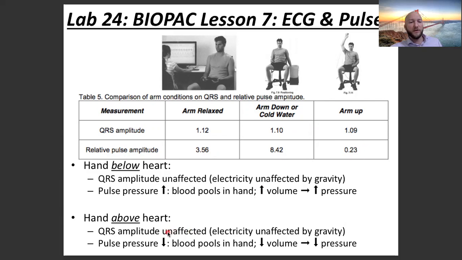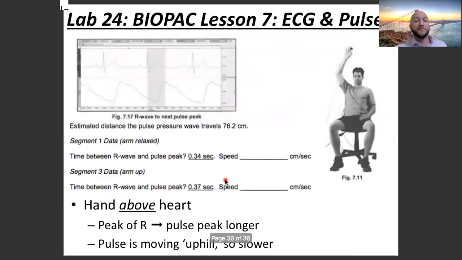And that's because when your hand is down, blood pools in your hand, you have an increased volume and increased pressure. When your hand is up above your head, gravity pulls it down out of your hand. We're going to have a smaller volume, a smaller pulse pressure. Hand is above. Perfect. Pulse is moving uphill.